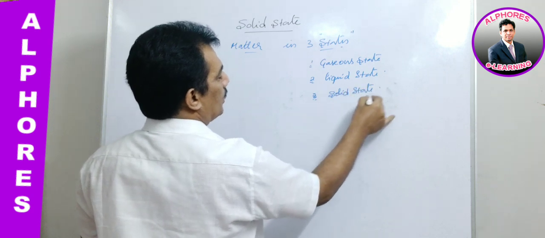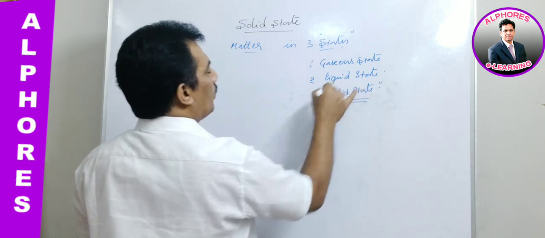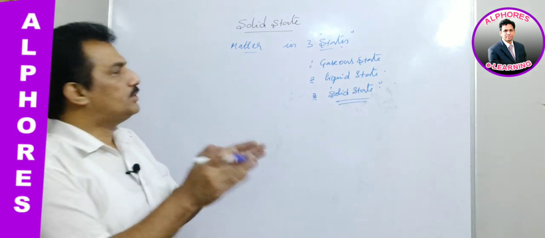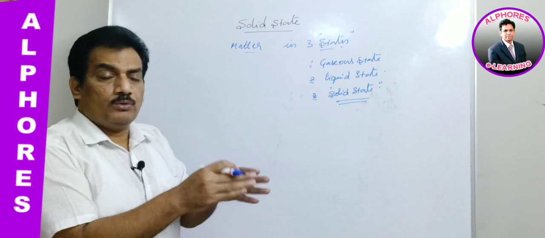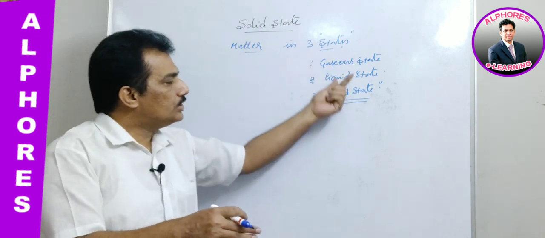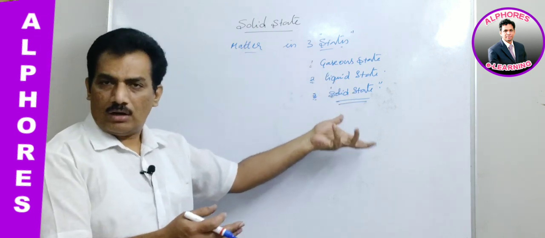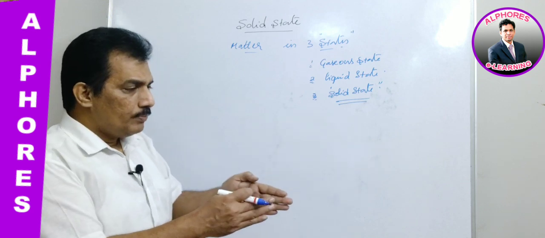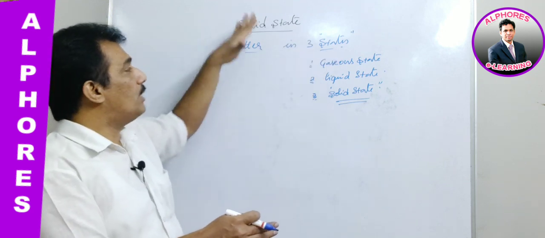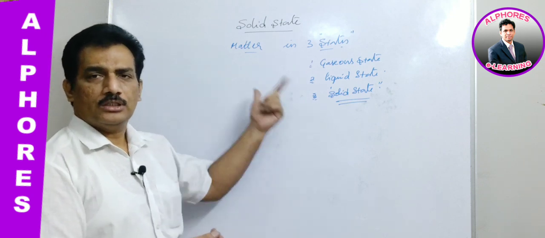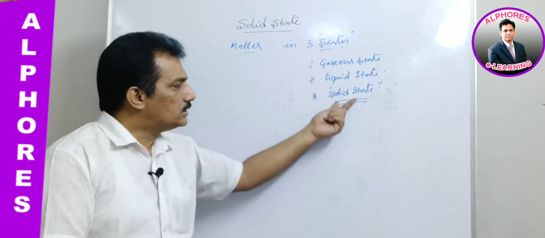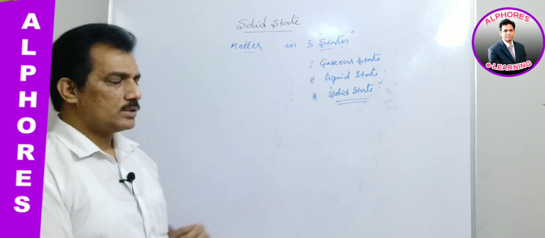Now among these, how can a substance or matter exist, what are the parameters to find whether the matter is existing in any of these states, or how are these different states possible, what are the responsible factors to determine the state of the matter? Let us go for it.